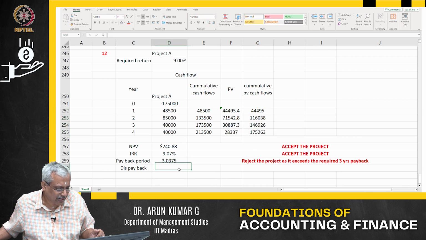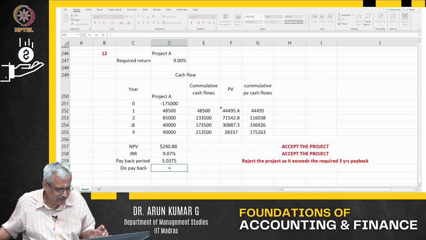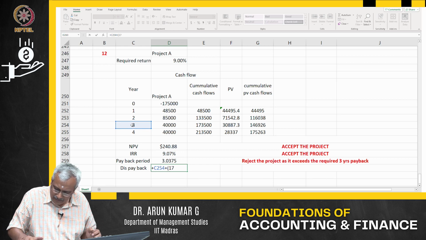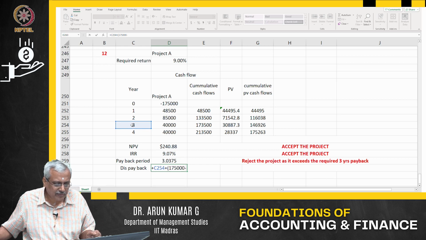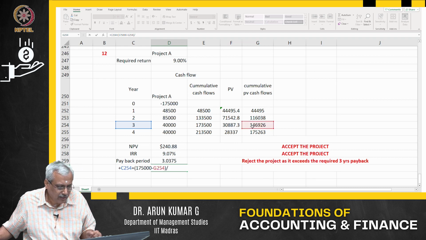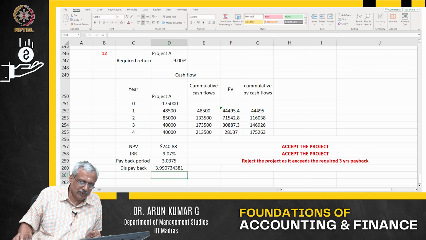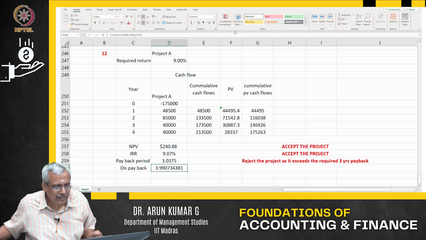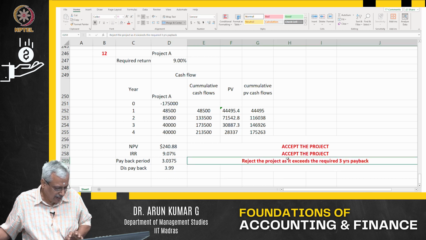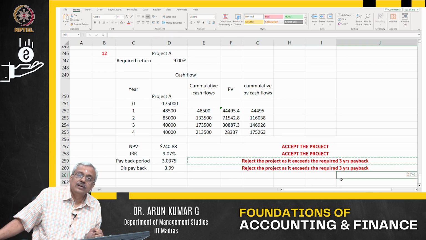Since your expected is 3 years plus 1,75,000 minus this part, divided by the discounted amount in the last year. As per the discounted payback period, it takes 3.99 years. So again, I would say reject the project. I would reject the project.